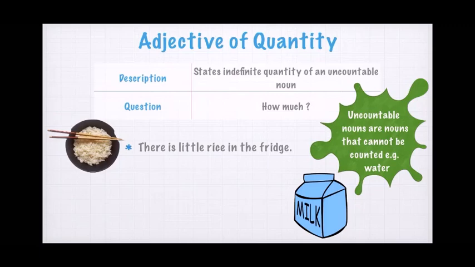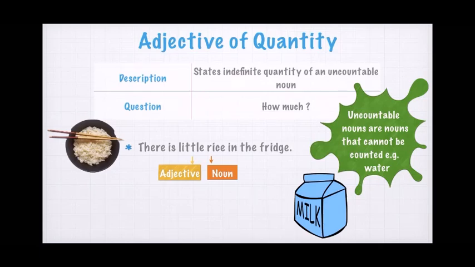Now which is the noun in the sentence? Rice is the noun. Rice is an uncountable noun. The word little is used to describe this rice. So the adjective little is used to describe an uncountable noun which is rice.